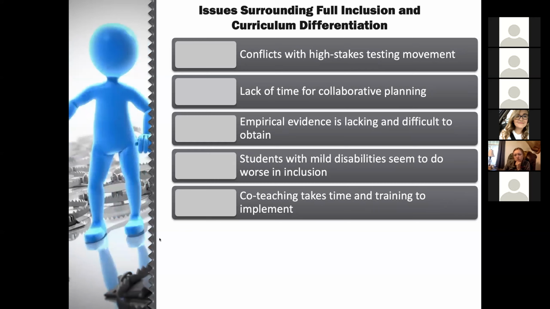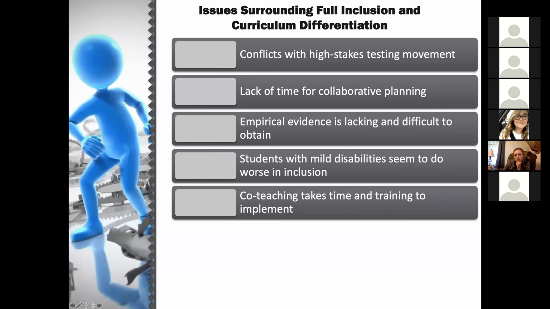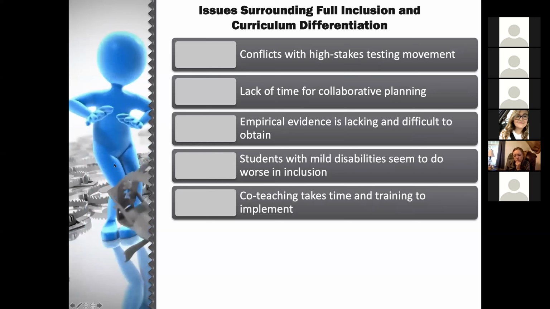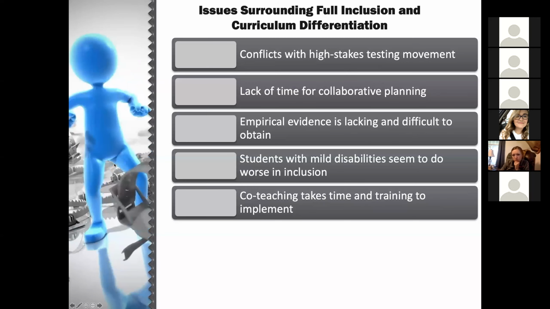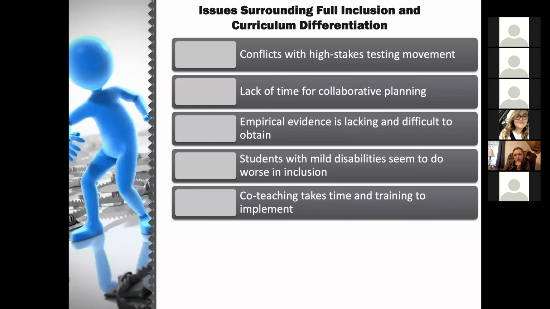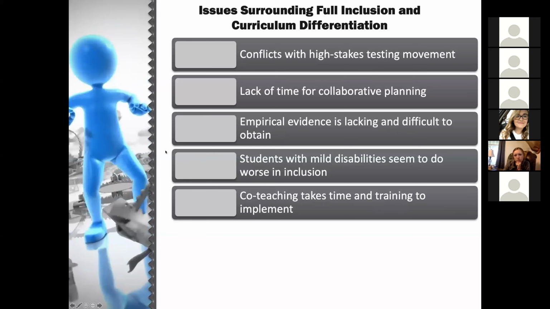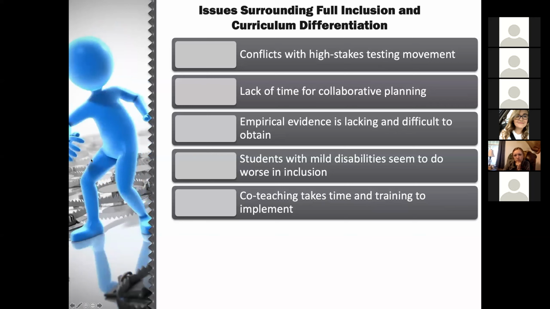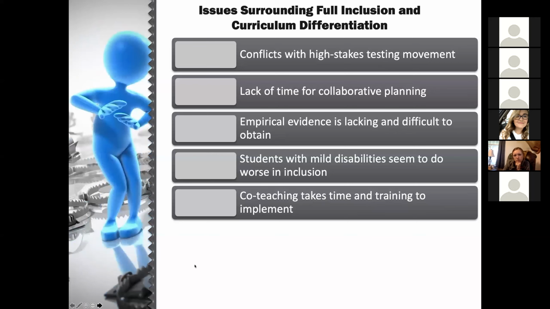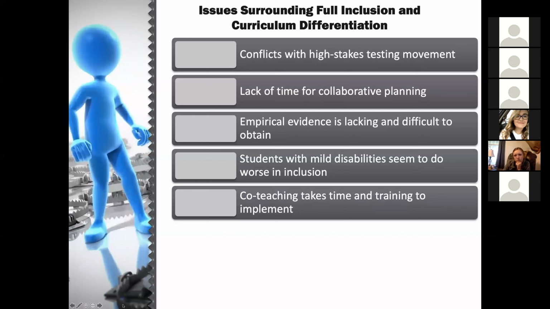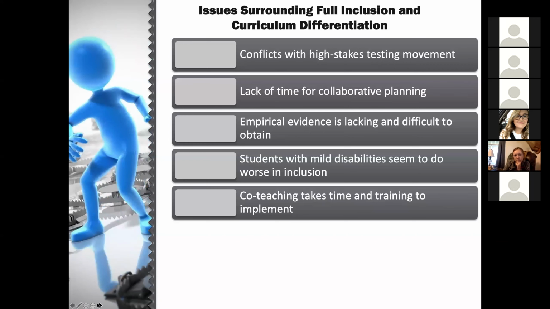It seems that students who are LD don't do as well in inclusion, and that's the highest percentage of students in special ed. And co-teaching takes time and training to implement. People need to get along with their co-teaching partners.